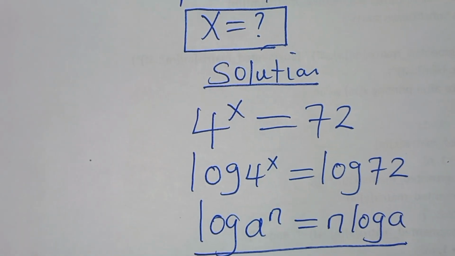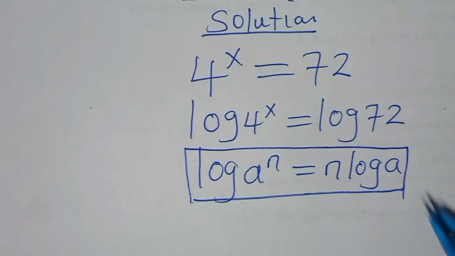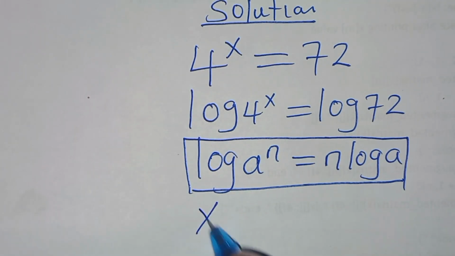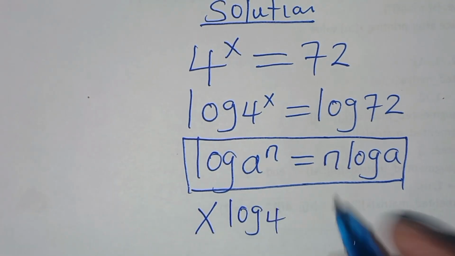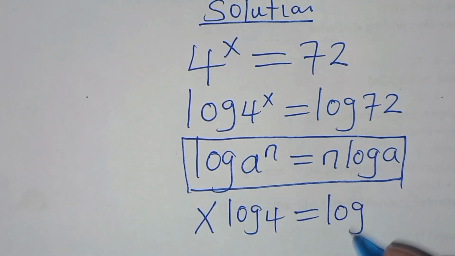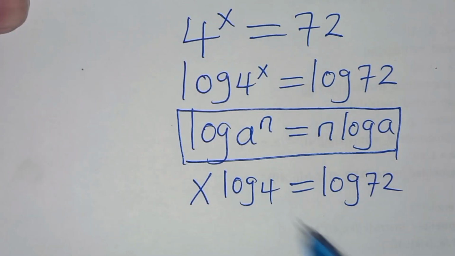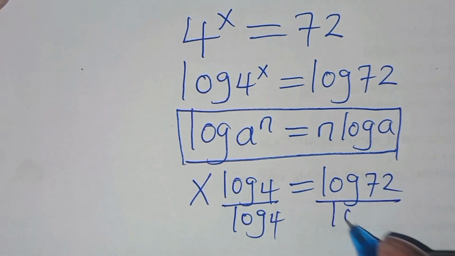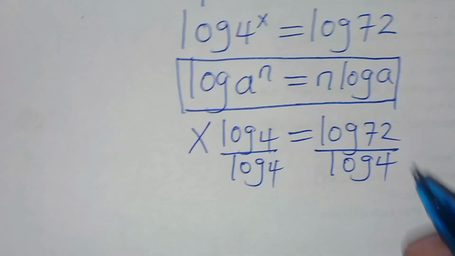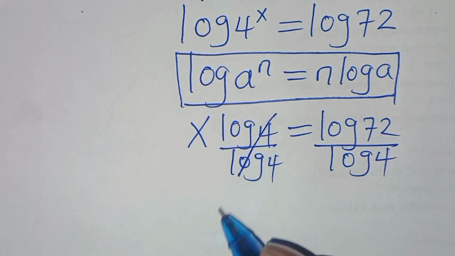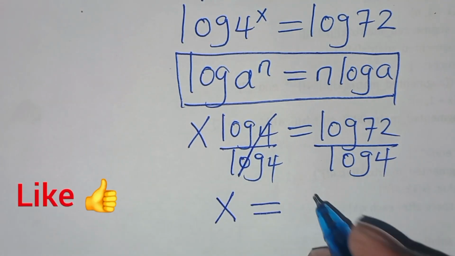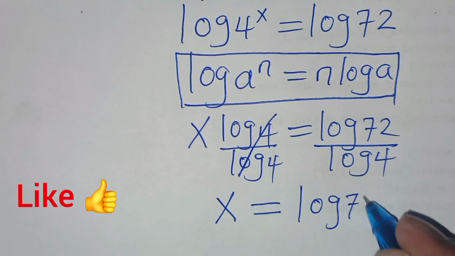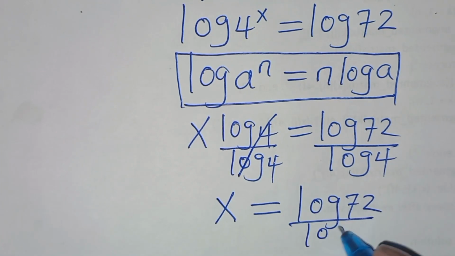Applying this power rule property, log 4 to power x becomes x log 4, equal to log 72. Let's divide both sides by log 4, so that x will be equal to log 72 divided by log 4.